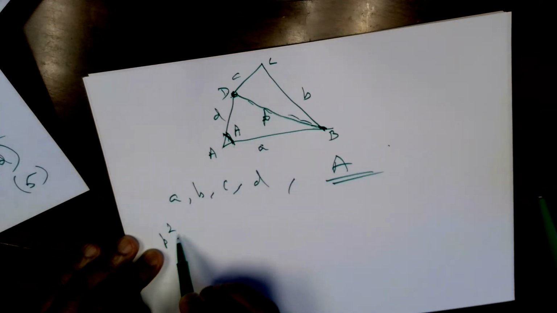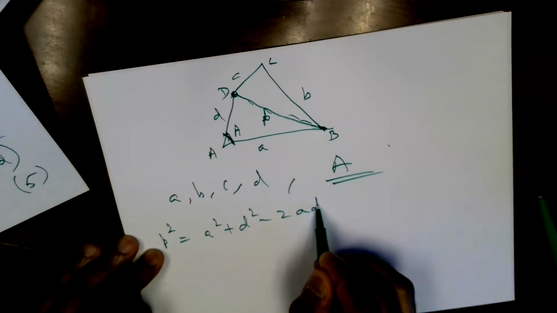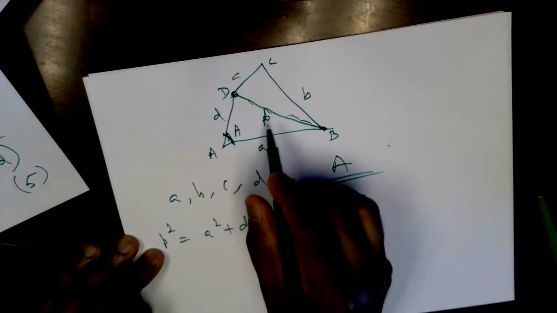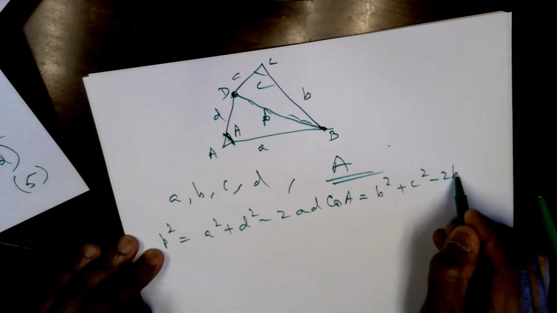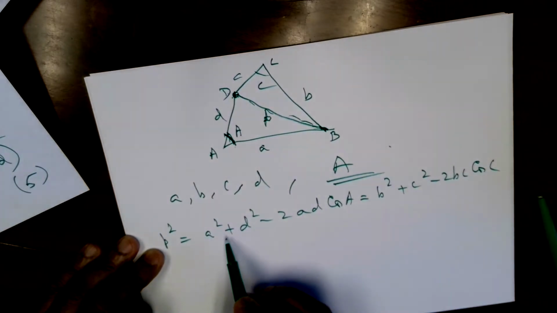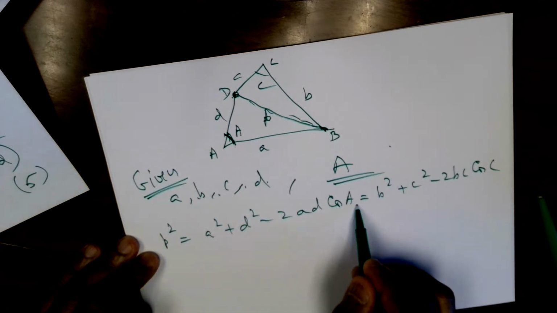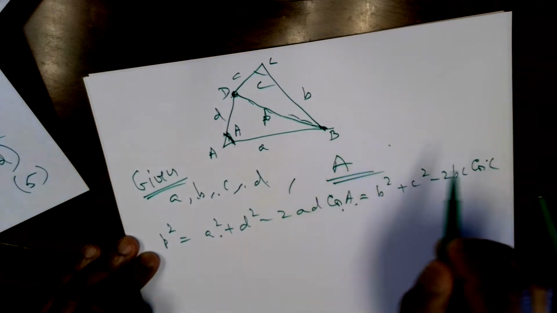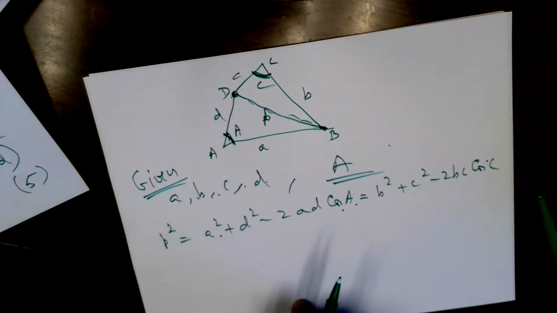Again, the same relation: P squared from here will be A squared plus D squared minus 2AD cos A. And from the other triangle, if this angle is C, it is B squared plus C squared minus 2BC cos C. So given ABCD and A, you can figure out C. You can figure out this angle, and then the quadrilateral is completely fixed.